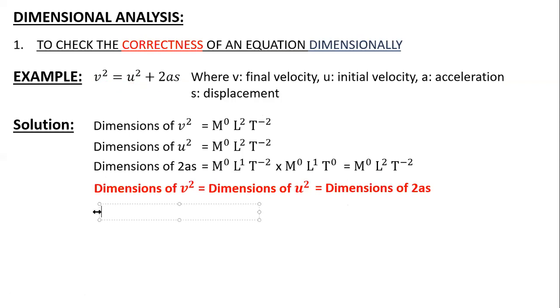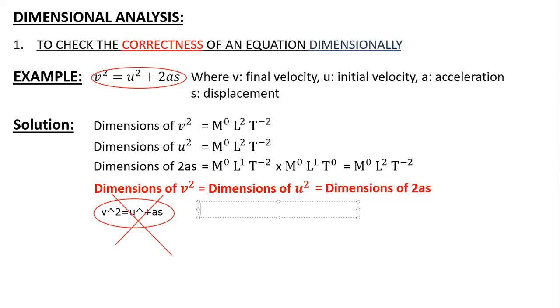If I had written the equation as v square equals u square plus as, even this equation is dimensionally correct. Both the equations are different: this is plus 2as and this is simply as. But even if they are dimensionally correct, the equation is not mathematically correct.